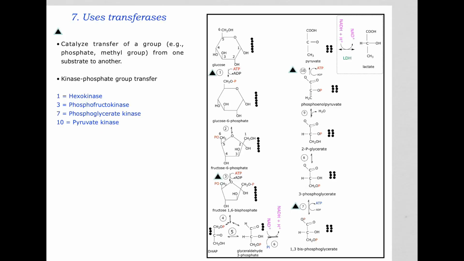In glycolysis, in all four reactions, 1, 3, 7, and 10, a phosphate group is being transferred, and that's why the enzyme name ends in kinase. So hexokinase for reaction 1, reaction 3 is phosphofructokinase, reaction 7, phosphoglycerate kinase, and reaction 10, pyruvate kinase.